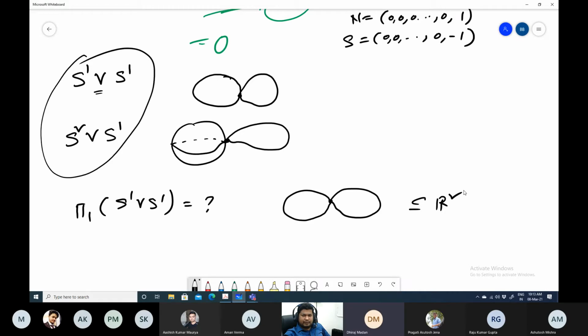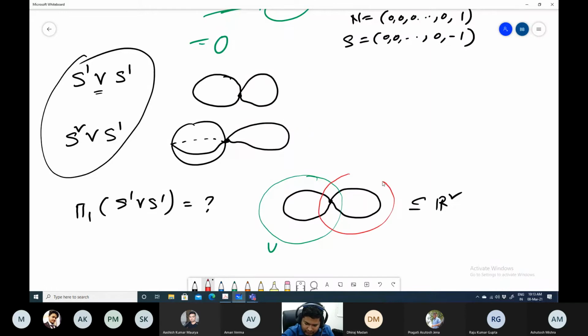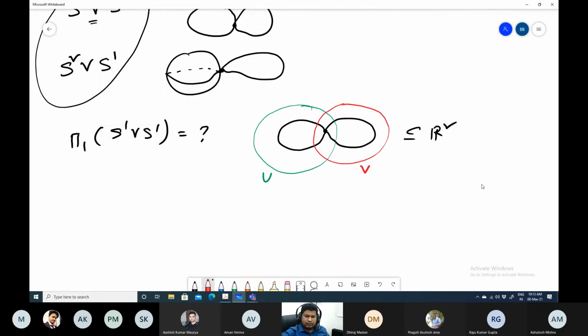Yes, simple. We can take U to be S1 with a bit of extension, and the V shaped like this, like a shoelace kind of a thing. So we take my open set U in R2, then take the intersection, and this is my V in R2.